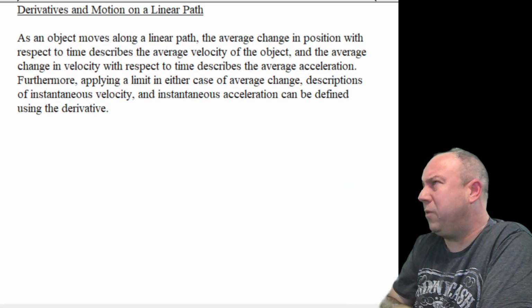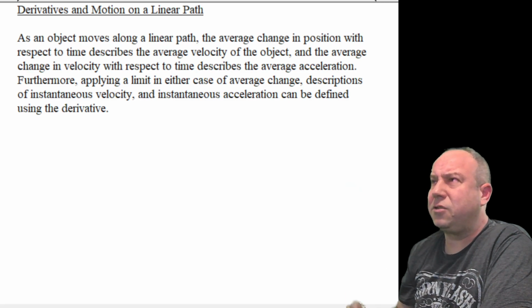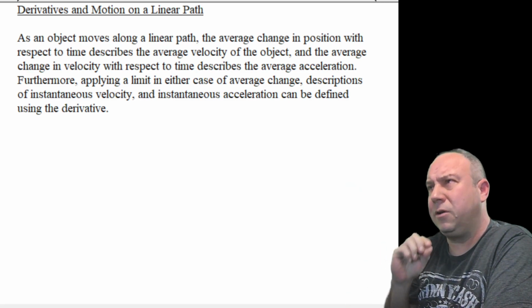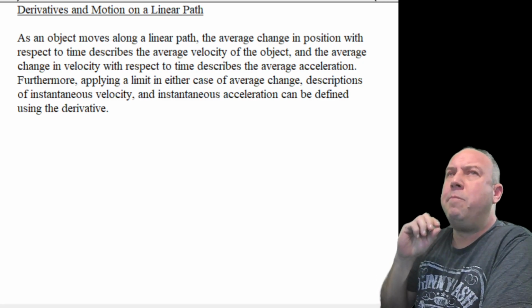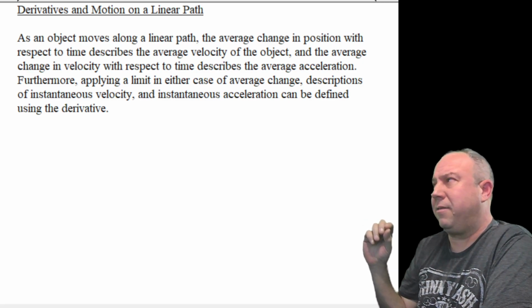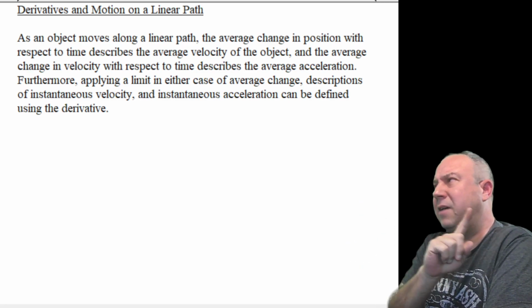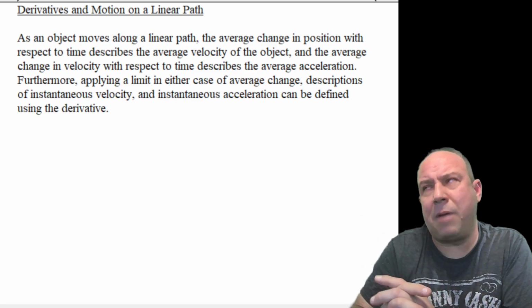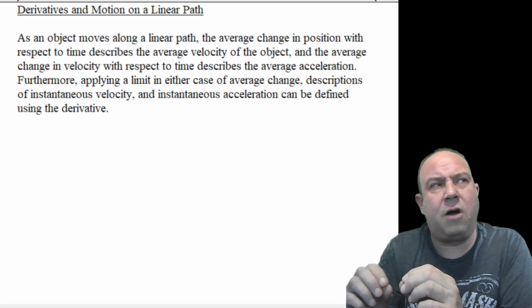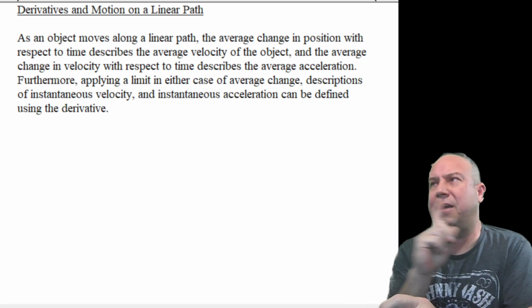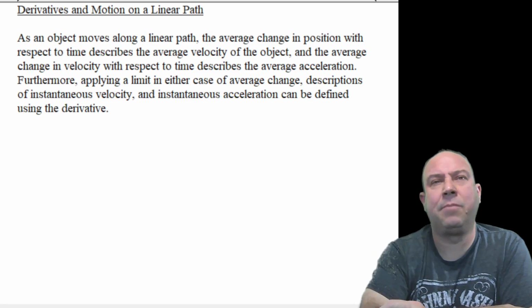At the current moment, we really don't have the use of vectors, so we're going to be stuck kind of looking at just the concept of motion along a linear path, right? Where we can move back and forth. Maybe just thinking about it as motion along a number line, moving back and forth or up and down a number line.